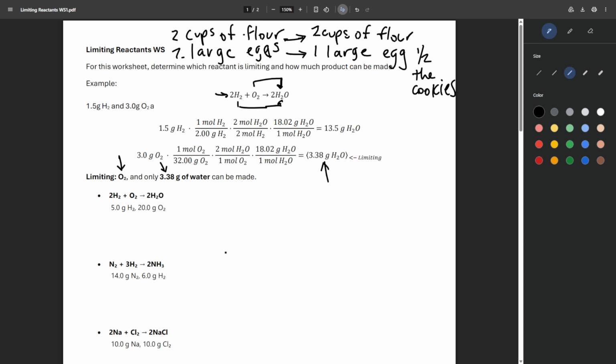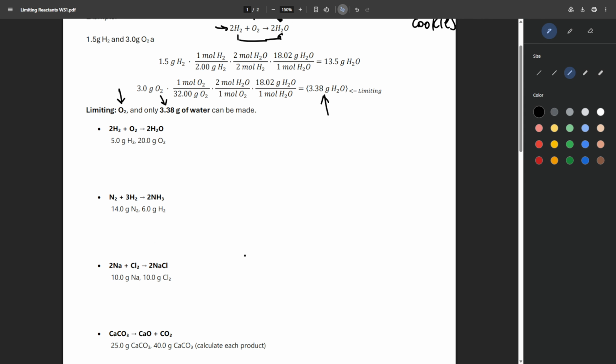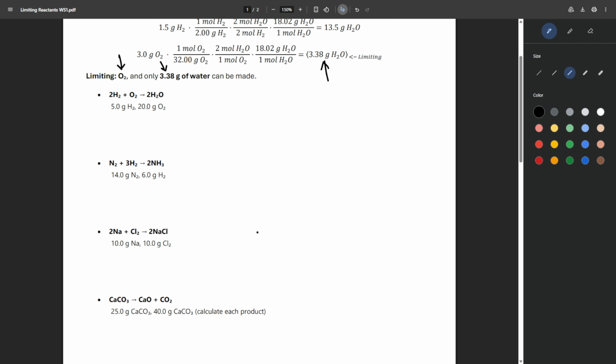Right. So if we look at the next example, 5 grams of hydrogen, 20 grams of oxygen. So, always start with your given. So 5.0 grams of hydrogen times, first we need to convert to moles. So for every 2 grams of hydrogen, we have 1 mole of hydrogen. And that number comes from the atomic weight.